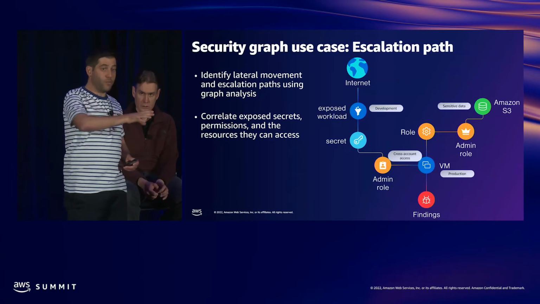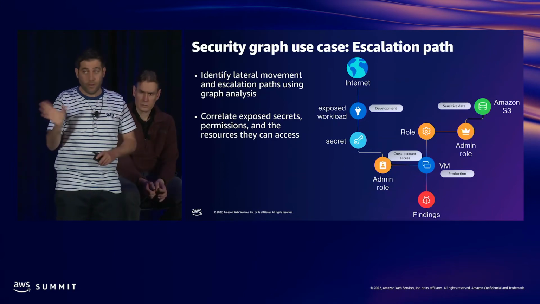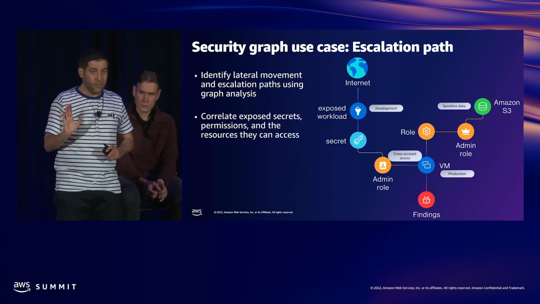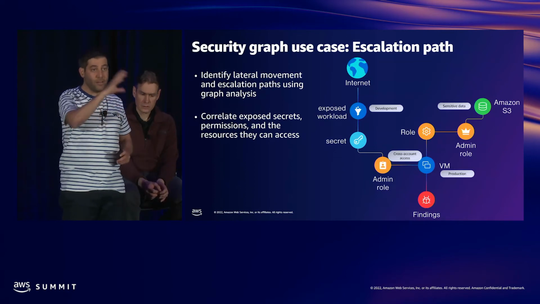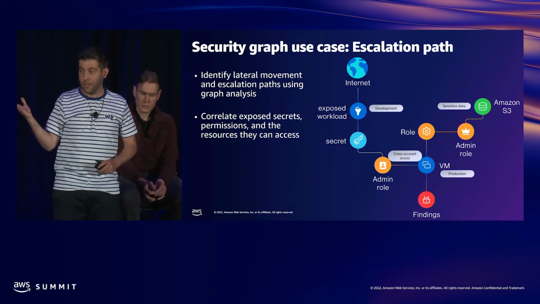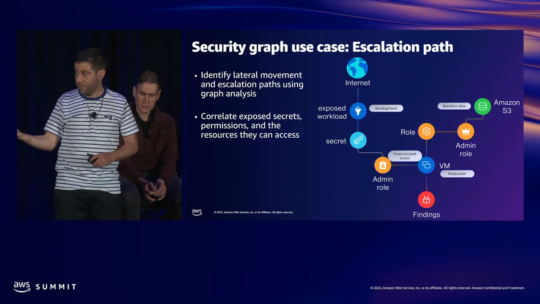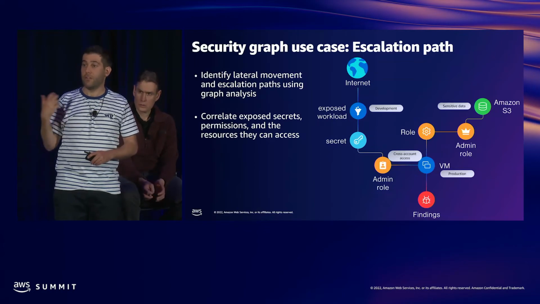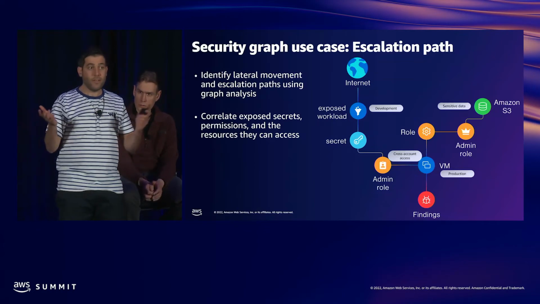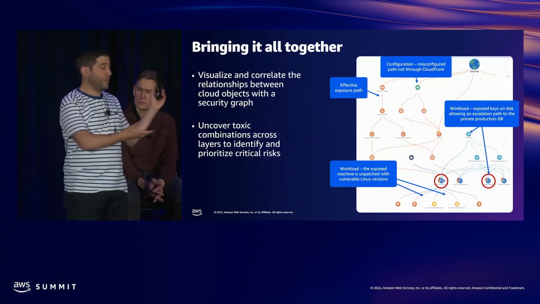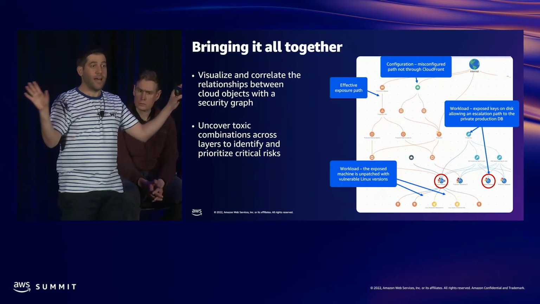The ability for us to analyze those kinds of paths was never possible using security tools because we didn't have this ability to see across environments and correlate all of those different layers. And that's exactly what the graph technology allows us to do, right? It breaks down the silos.